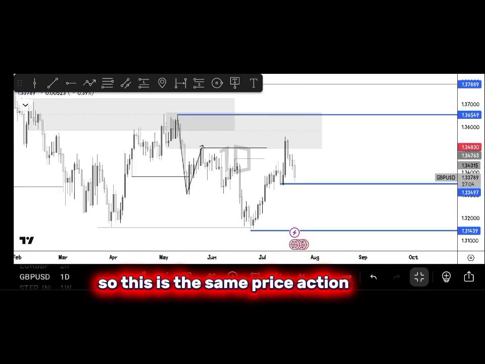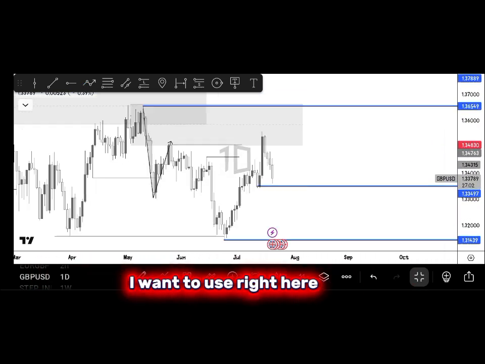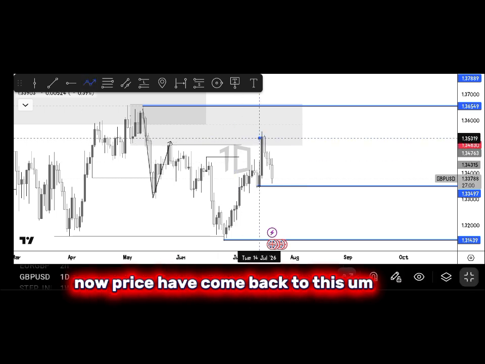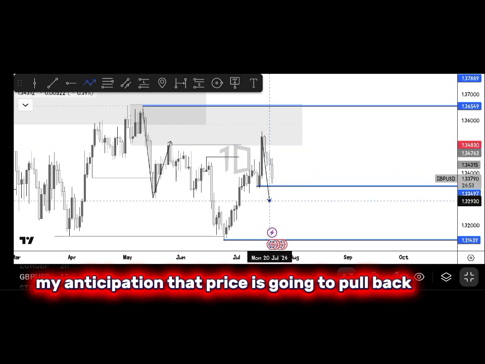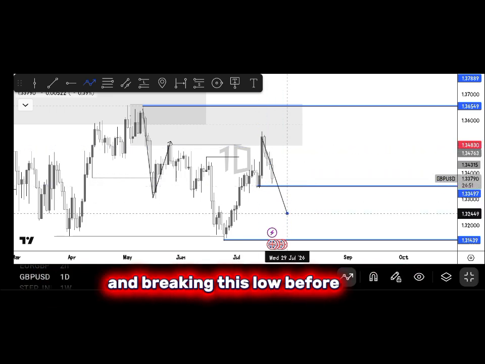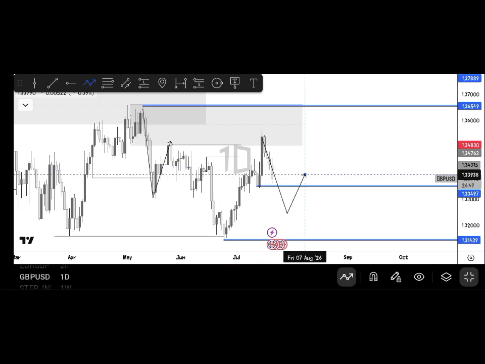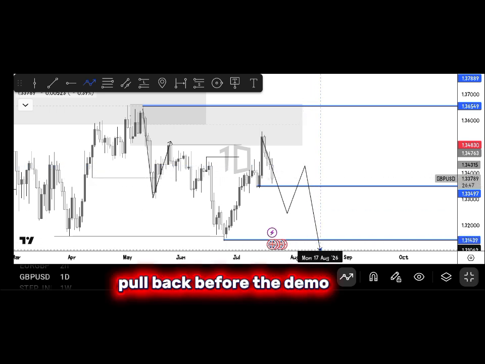So this is the same price action I want to use right here. Now price has come back to this order block, and my anticipation is that price is going to pull back, breaking this low, before giving us a pullback before the down move.